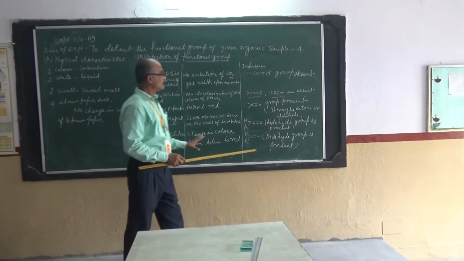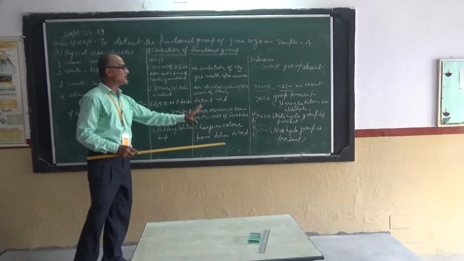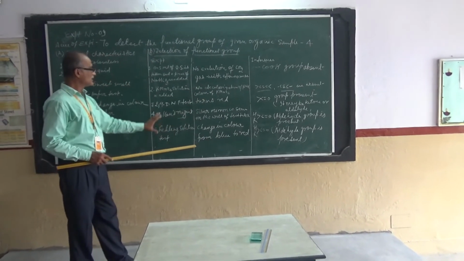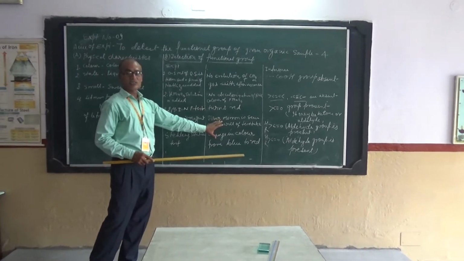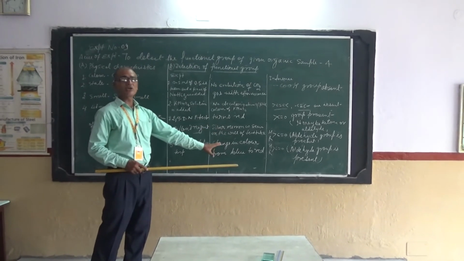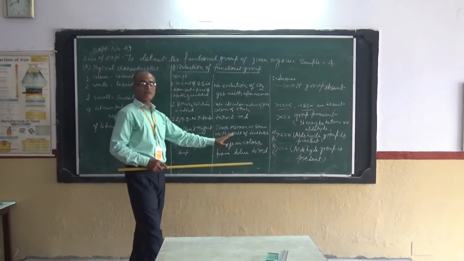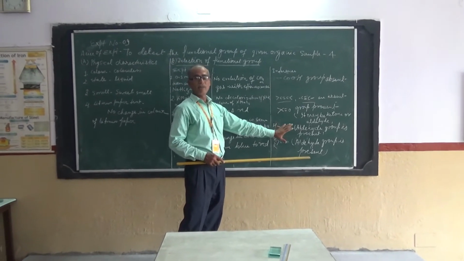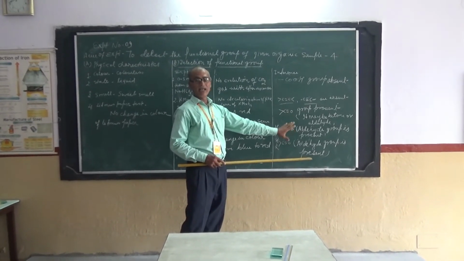That means if it gives a positive test for the carbonyl group, and if it gives the silver mirror test as well as the Fehling solution test, this gives the information that the given organic sample has an aldehyde group.